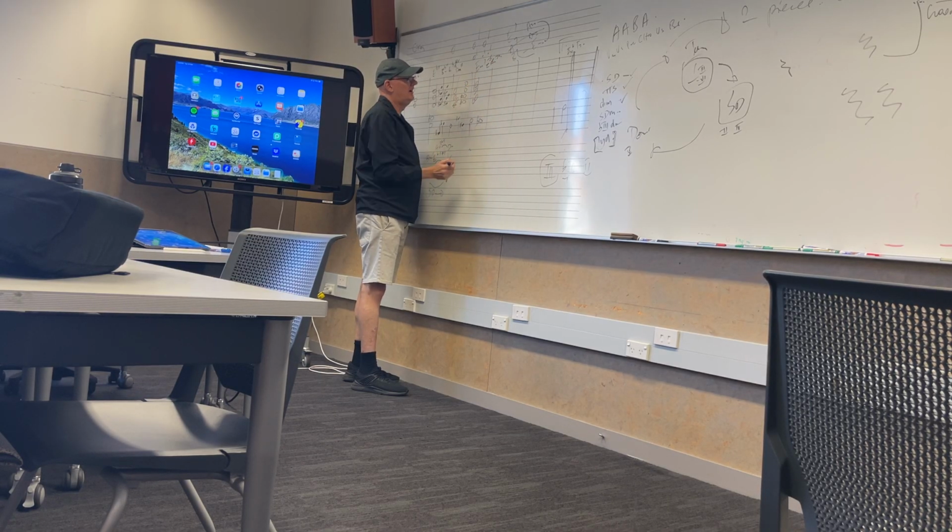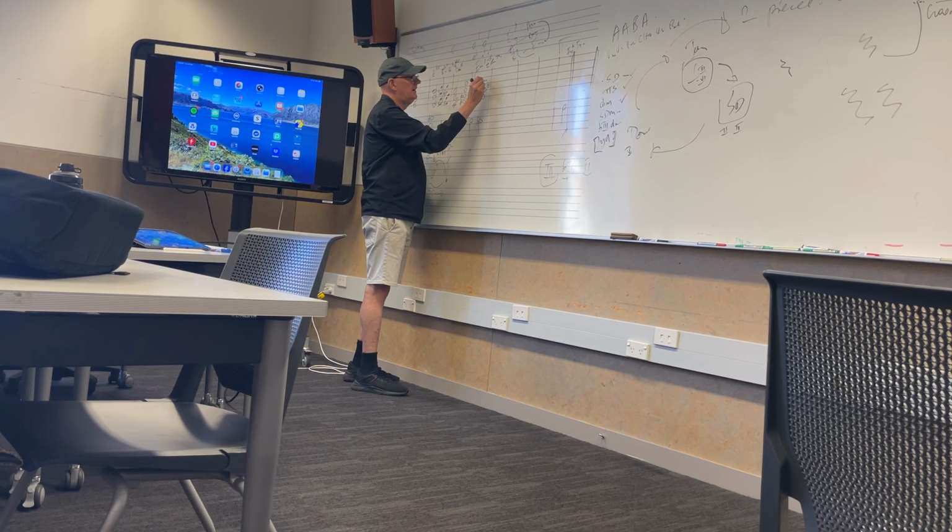E flat first. Yeah, E flat, it's a good place for it. Minor third up from that, G flat. Yep. Minor third up from that, A. And lastly, C. Cool.